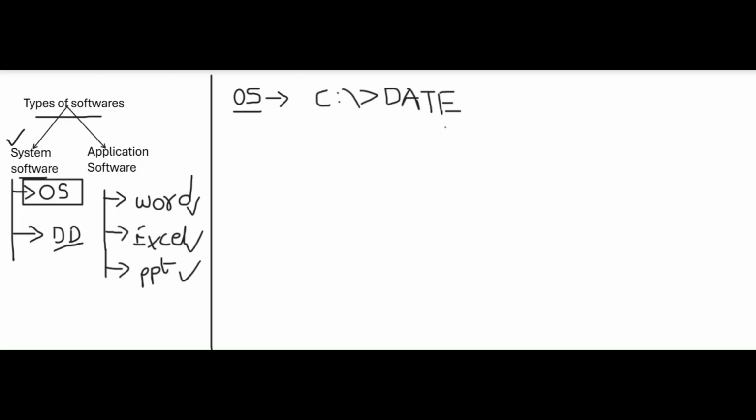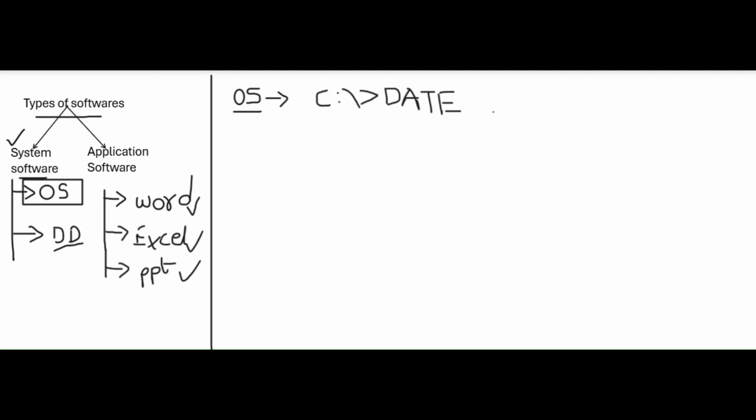After all, a computer is an electronic system, right? Every electronic system has only two states. It can understand only two things, either on or off. For example, take an electronic switch in your home.